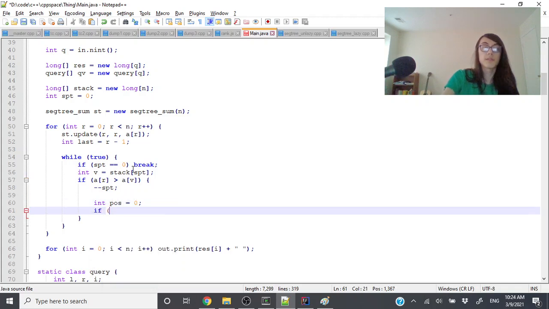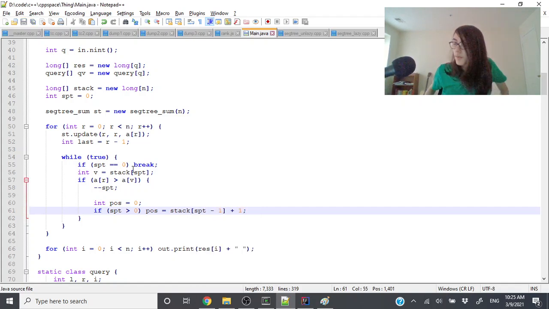Int pos equal to 0. If s point is greater than 0, pos equals stack s point minus 1 plus 1. Right, so if we have some other element in the stack, then make it only up to that interval, otherwise do the whole thing. All right, that's the plan.